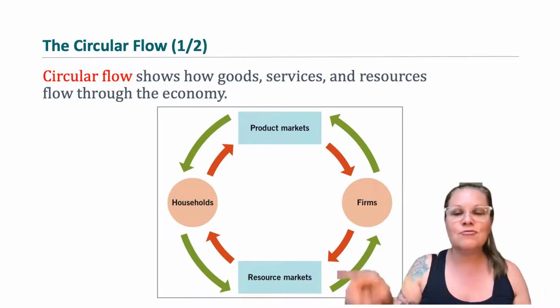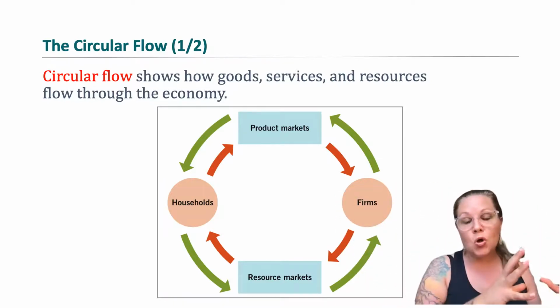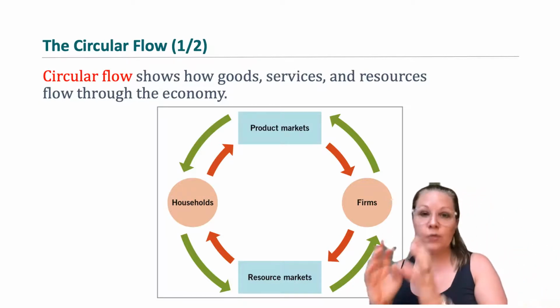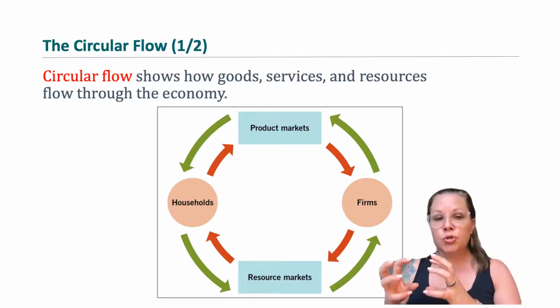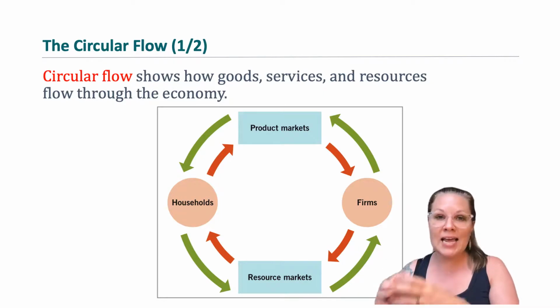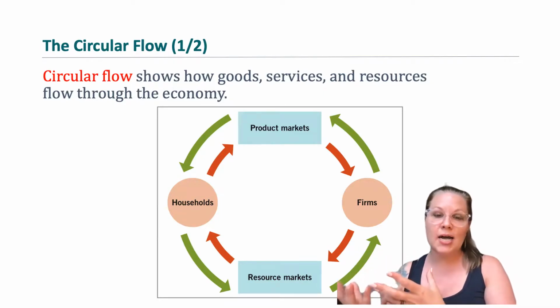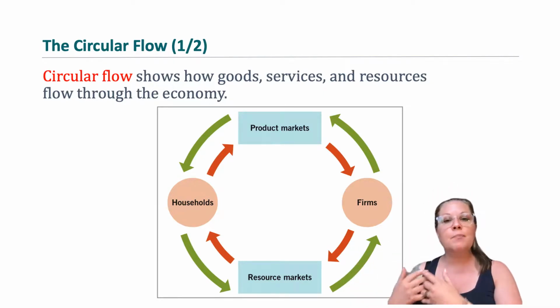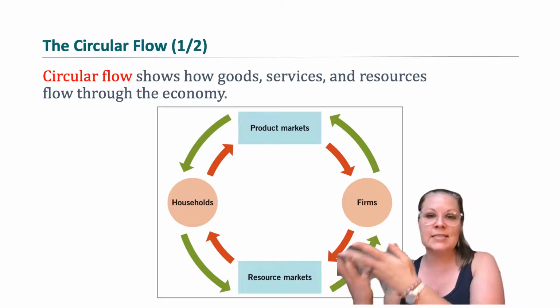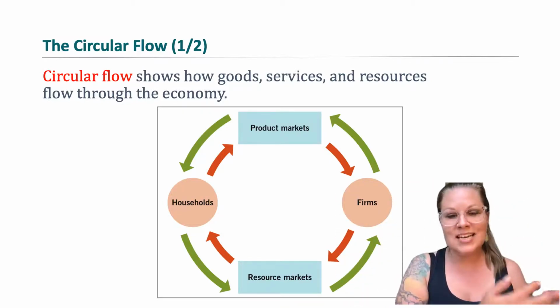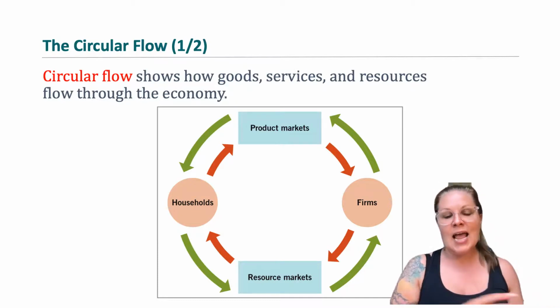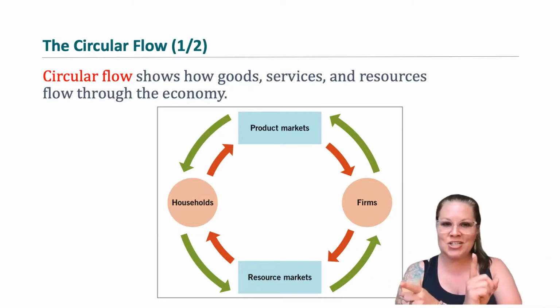And it goes round and round and round. So households provide resources to firms. Firms use those resources to create and make end products and services. And then they provide those products and services back to households in the product market. And the money goes in the opposite direction.